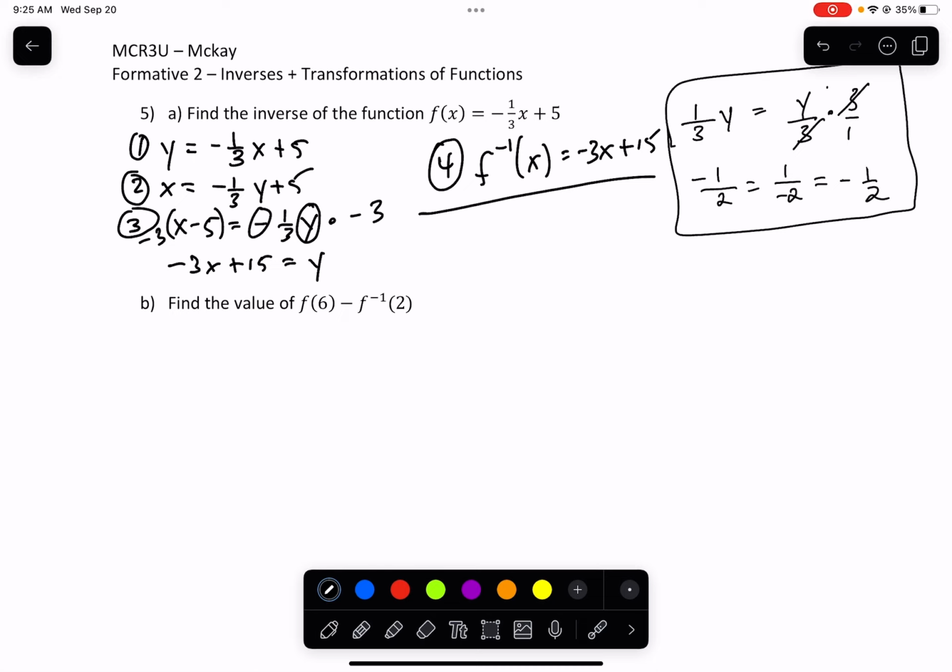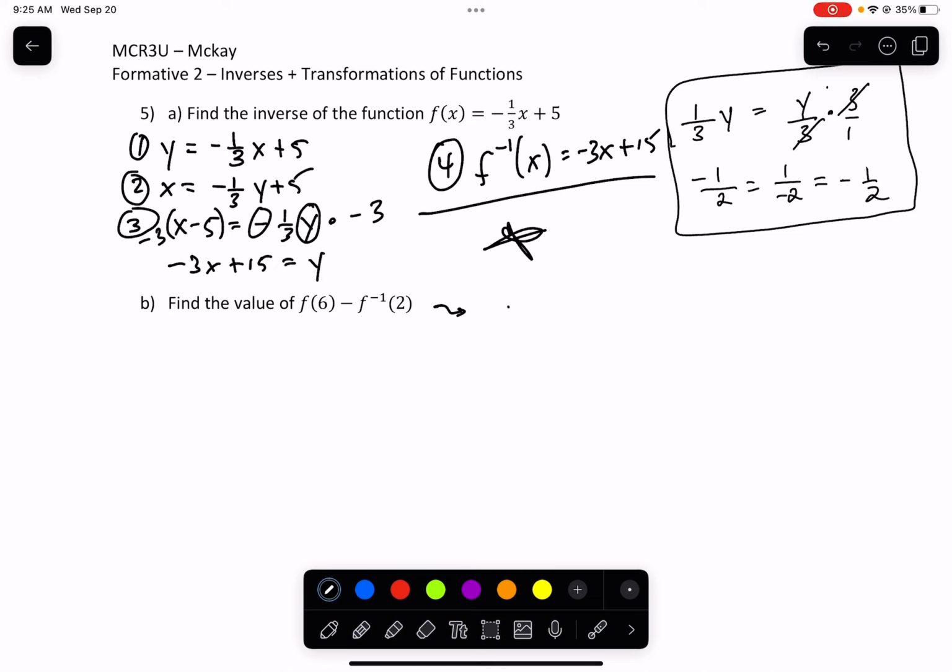Okay? Now, question B, I think this is the hard part, quite frankly. Question B is just like input the x value and get a y value out. What is this? This is give me in words.